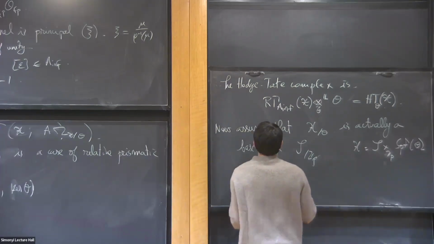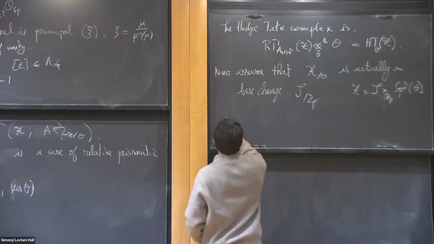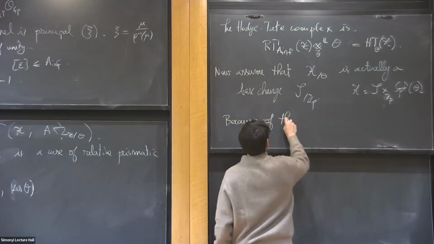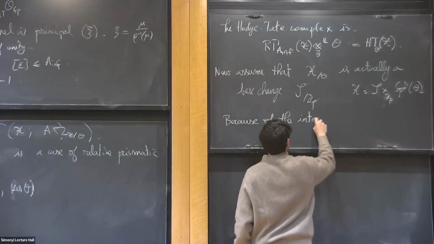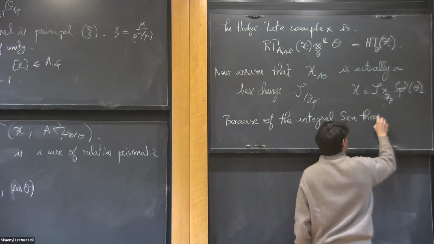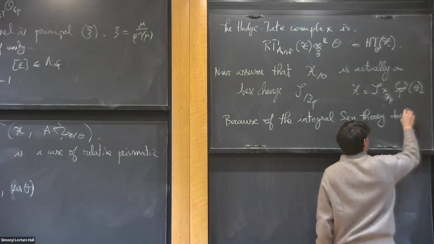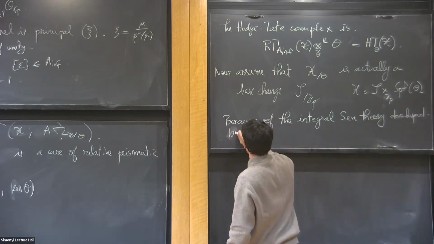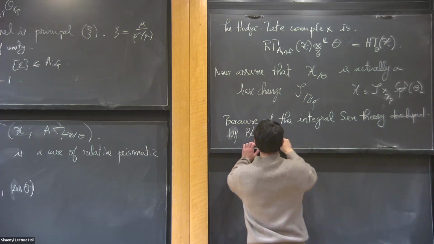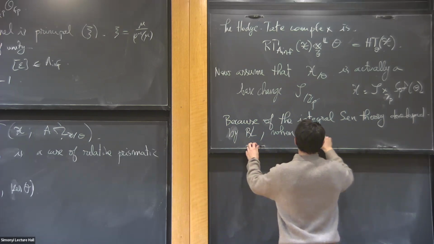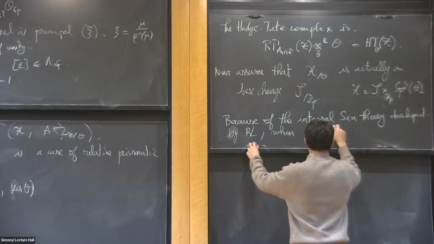Now, because of the integral Sen theory developed by Bhatt-Lurie, when p is large enough with respect to the dimension, I apologize, I forgot this.